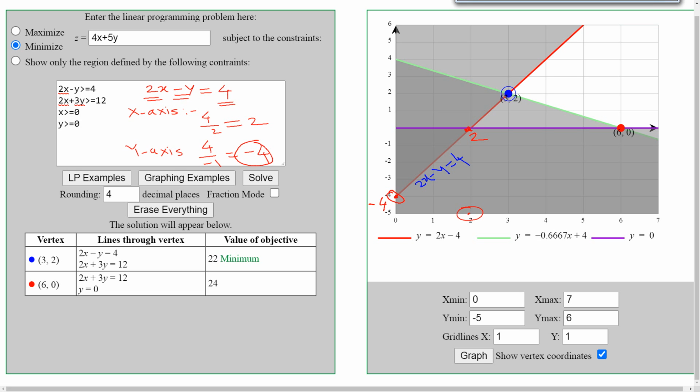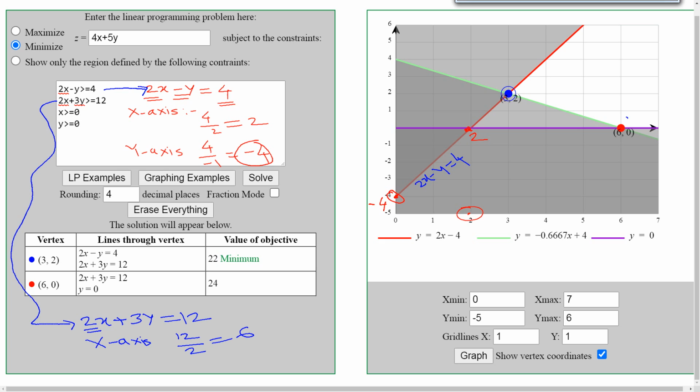Now second line we will plot. The first line was corresponding to this constraint, and now second line we are going to plot corresponding to the second constraint. Second constraint is 2x plus 3y is greater or equal to 12, and corresponding line is 2x plus 3y is equal to 12. So point on x-axis is given by constant upon coefficient of x, 12 upon 2, which is equal to 6.